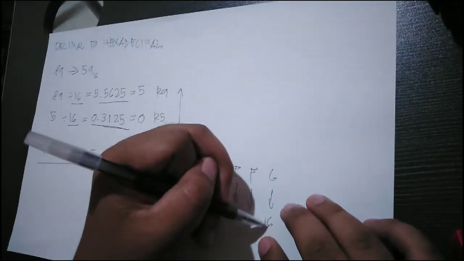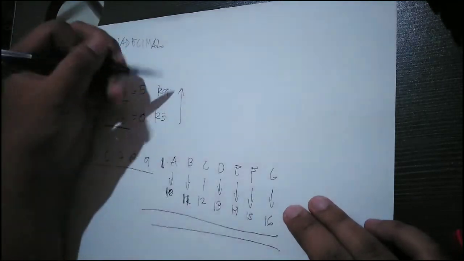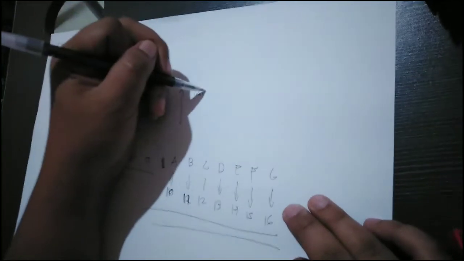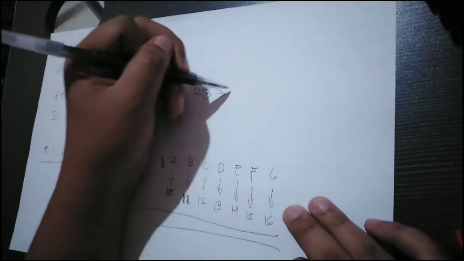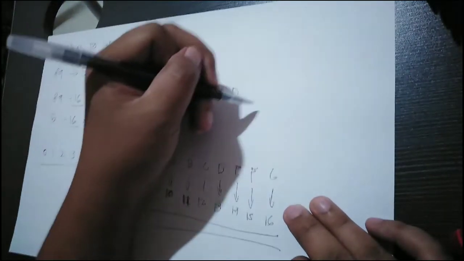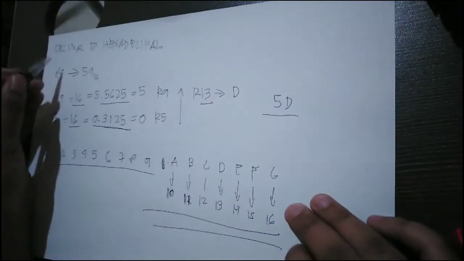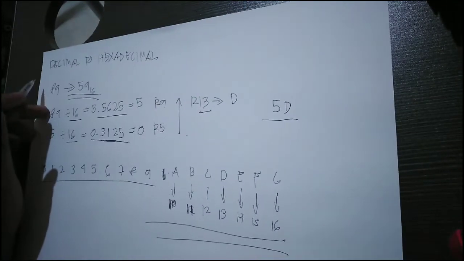You have to keep this in mind. If you have, for example, a remainder of 13 here, instead of 13 you will use D. So that will be 5D, for example. That's how you can convert decimal to hexadecimal.